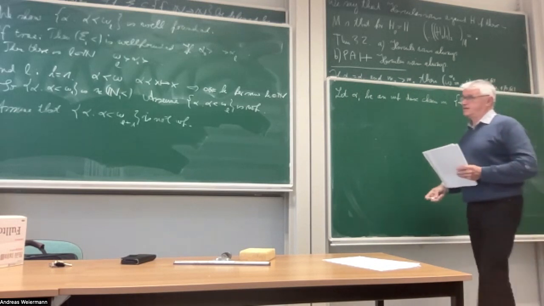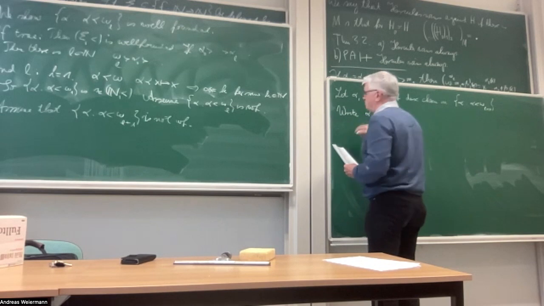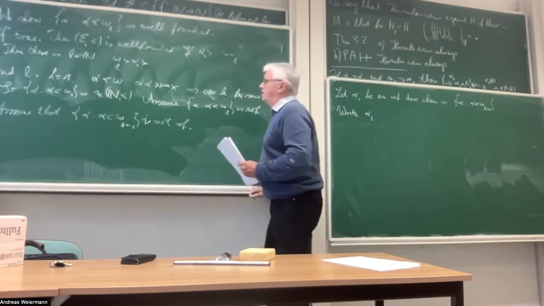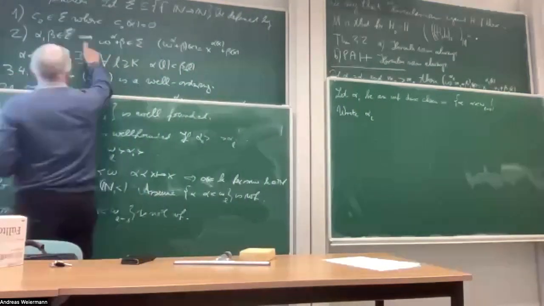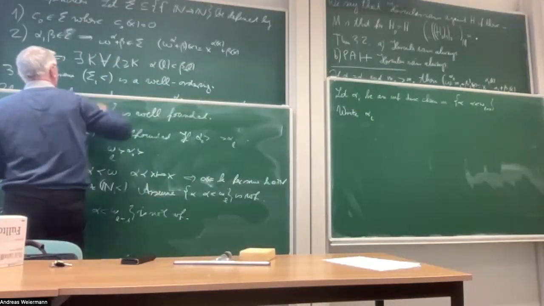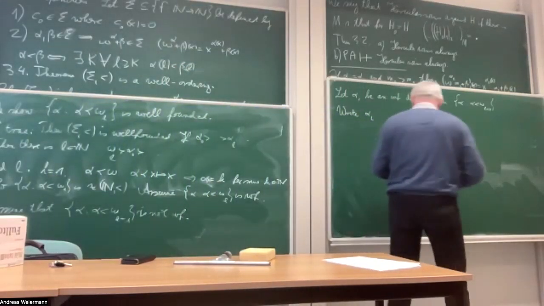Now we write every alpha i in, well, every element in E is some sort of sum of exponentials.